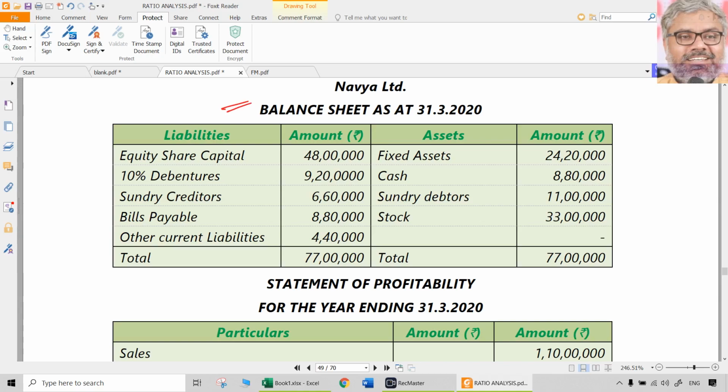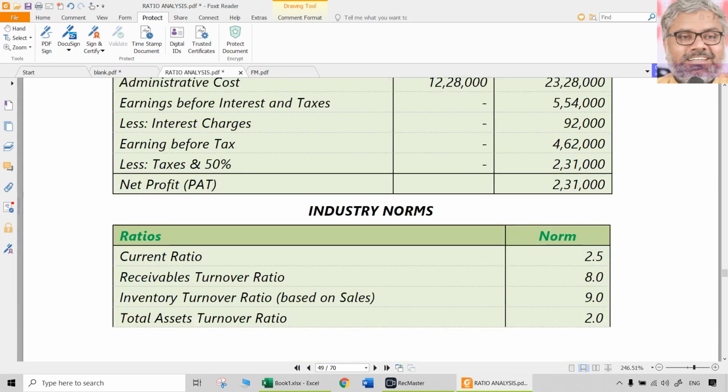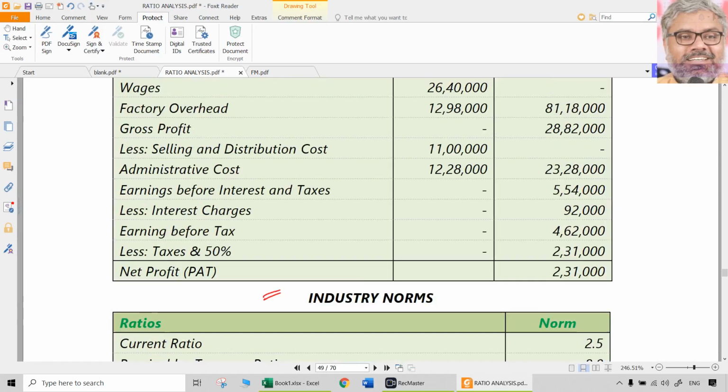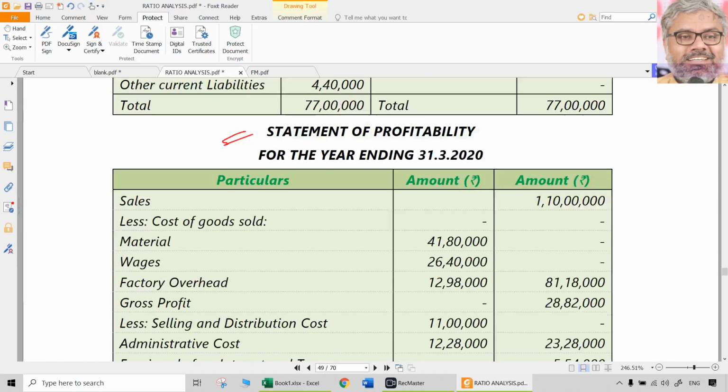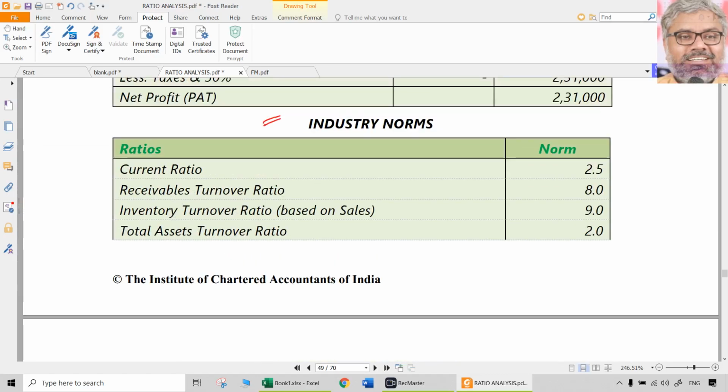Balance sheet and profitability statement are given, which is nothing but the income statement. Industry norms are given, so we don't have to worry about which ratios to be calculated. Whatever the ratios given for industry norms, those ratios only we have to calculate and compare them with the industry norms. We have to say whether Navya Limited is doing better than industry or worse than industry. That's enough. So let us look at each of them one by one.